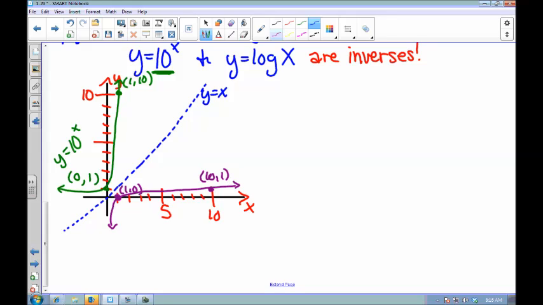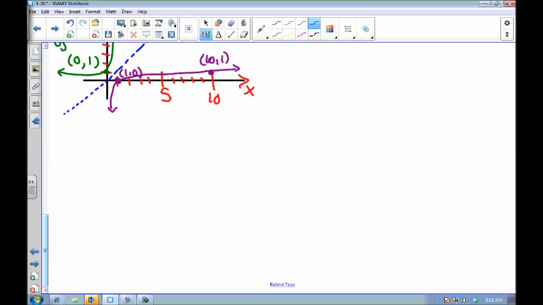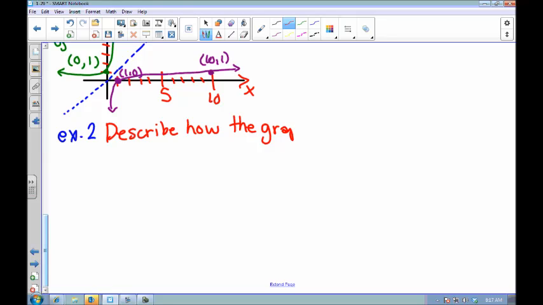Okay, next example. Example 2: describe how the graph compares to the parent function. We've done this many, many times this year already, so this isn't too new.